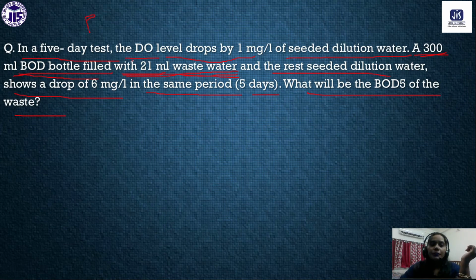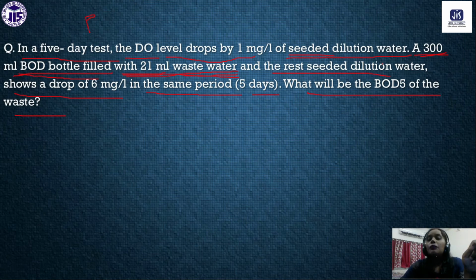Next, we will see what other data are given. In a 5-day test, the DO level drops by 1 milligram per liter of seeded dilution water. Now, what do you mean by seeded? This is a BOD reaction. In a BOD reaction we require dissolved oxygen for the decomposition of the biodegradable waste materials, and also we require microorganisms.